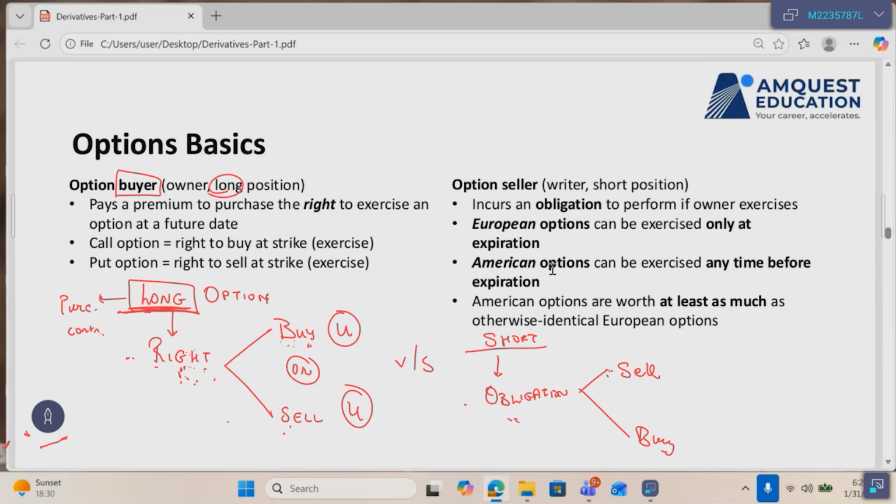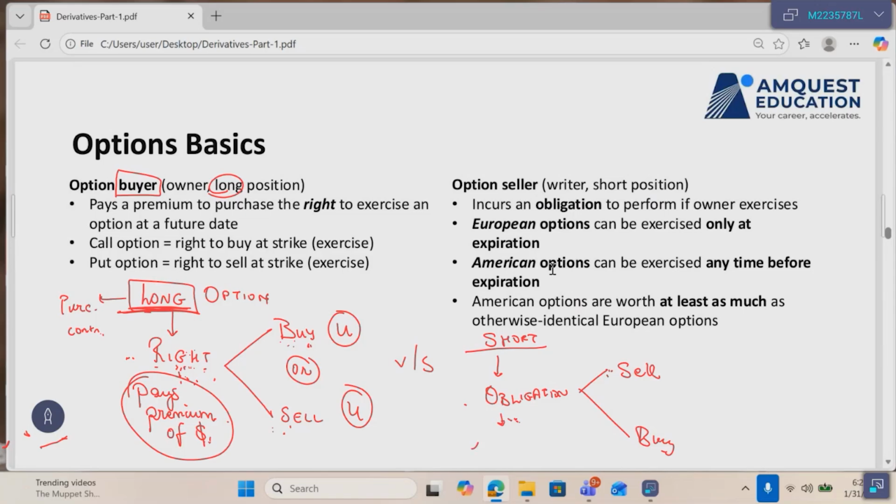This guy who went long and has a right pays a cost for the right, and that is called a premium. He is paying a premium of whatever amount towards having the right. This premium is received by this guy.